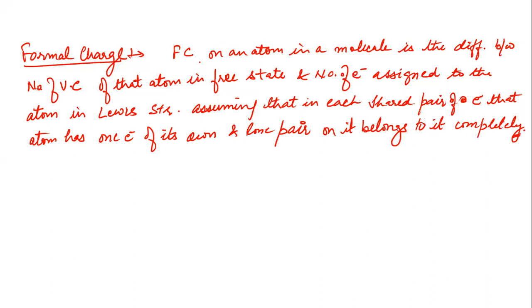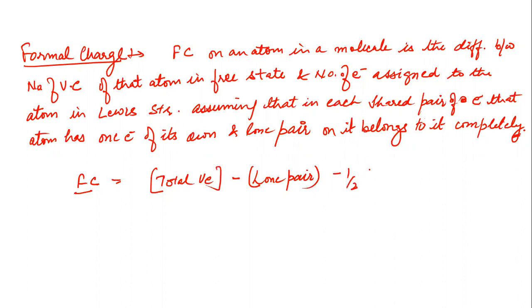The main thing is that this is the definition you have to write in your exam, but the formula is: formal charge for an atom in a molecule will be equal to total valence electrons minus the total number of lone pair electrons minus 1 by 2 of the total number of shared electrons, that is, bonding electrons.